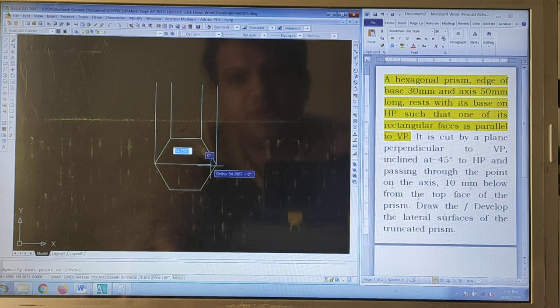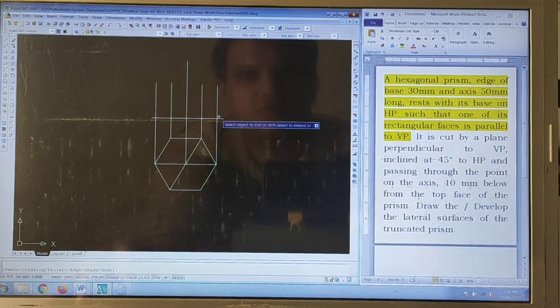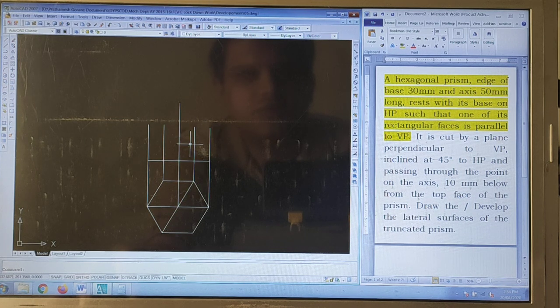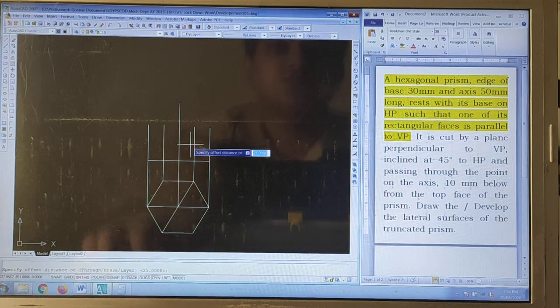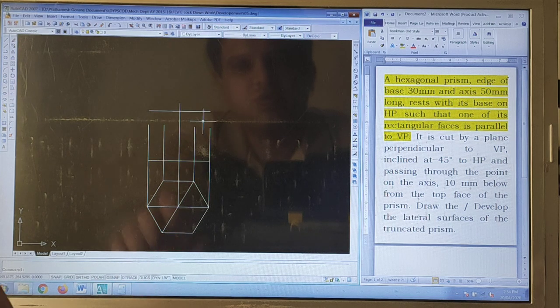For drawing its axis, we must interconnect this, and this is its axis. Then the axis must be offset by 50 mm distance. 50 mm is coming too less, so let us do it 80.